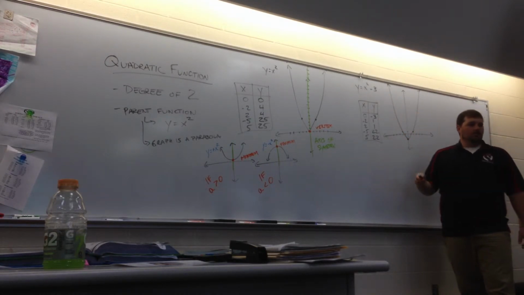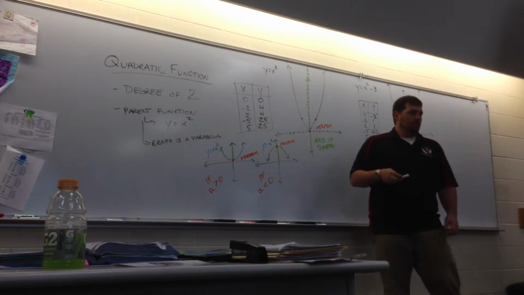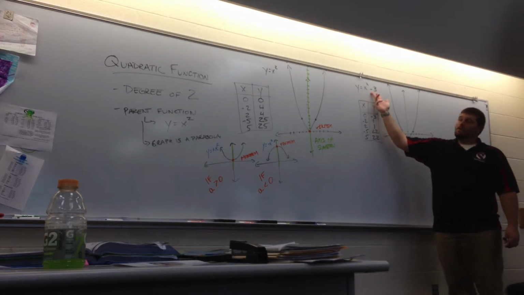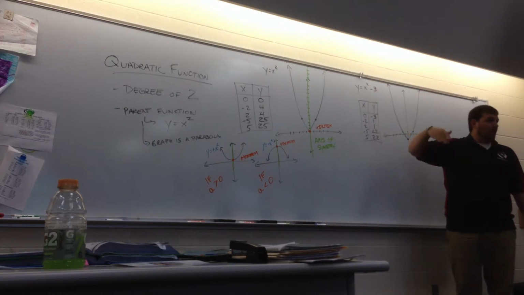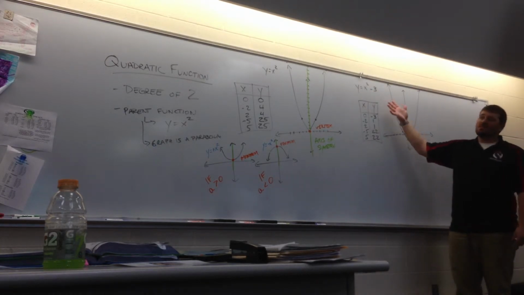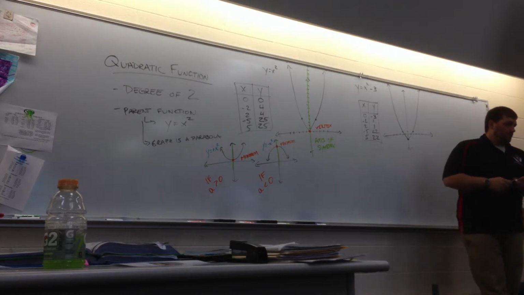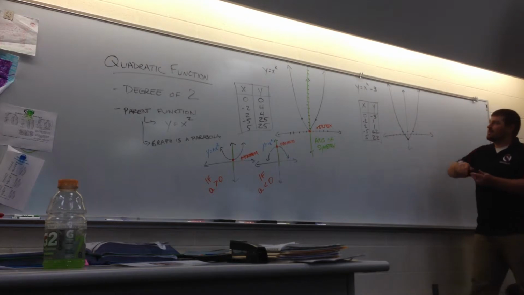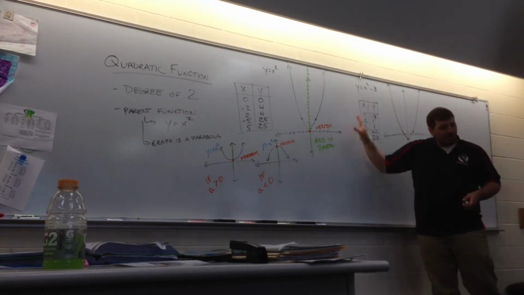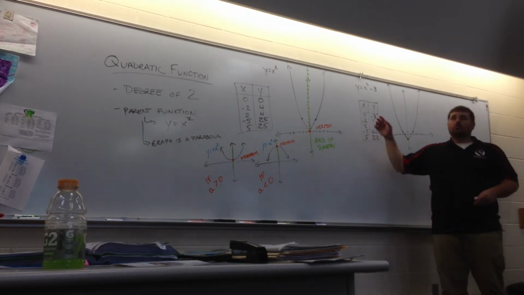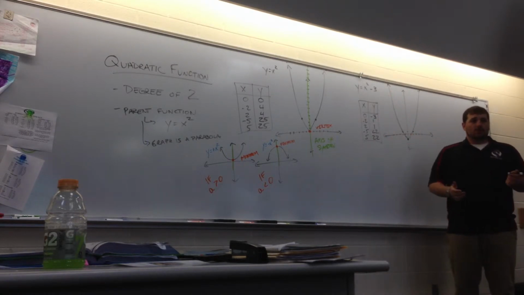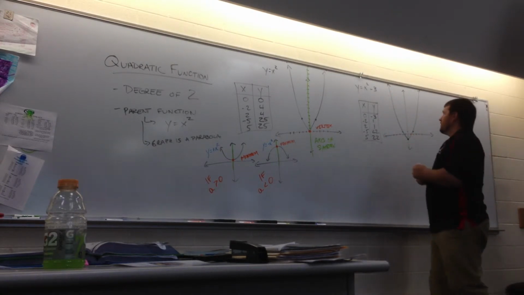Just like when we're talking about slope-intercept form, where the thing on the back moves it up or down, it does the same thing with the parabola. If we put minus 10 there, then it's going to shift this whole parent function down 10. If we put plus 8, it would shift it up 8.